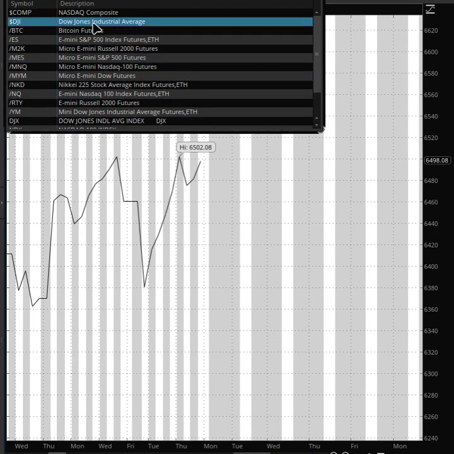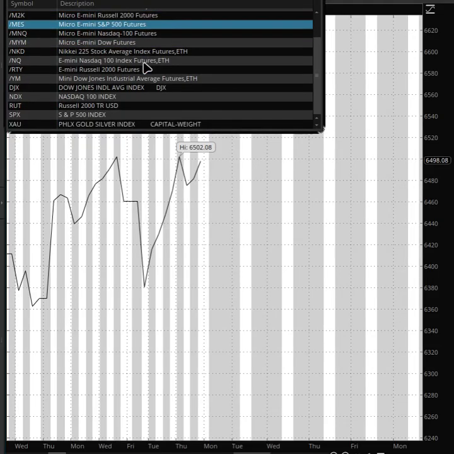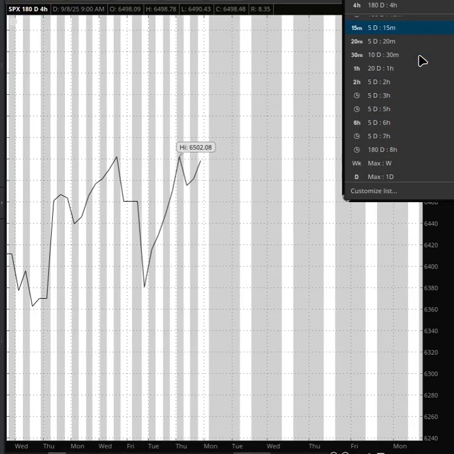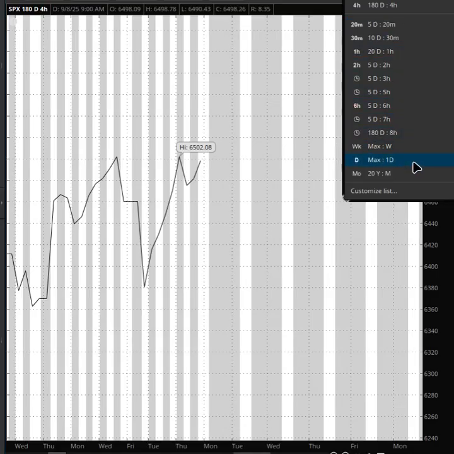Now, since we have all these markets here, the next thing we have to do would be to construct our time frames, all the time from 1 minute, 3 minutes, 5 minutes, 10. And I went all the way down to the monthly time frame. Now, you can break these up even more.